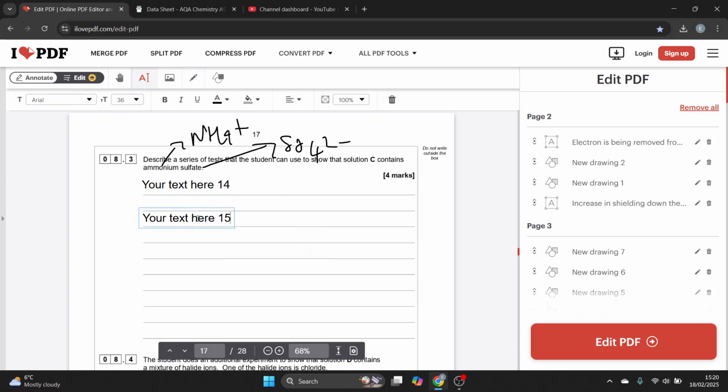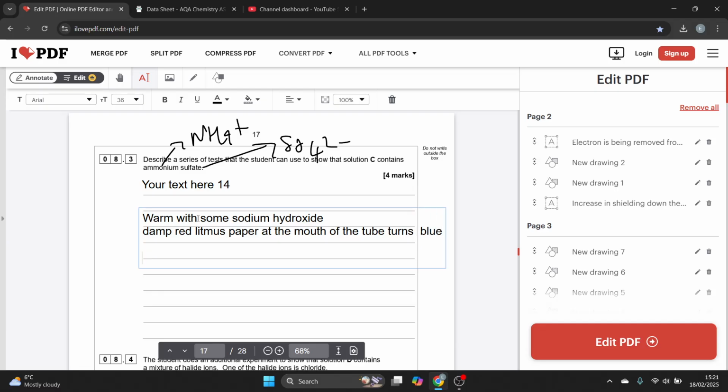So for the ammonium ions, warm with some sodium hydroxide, damp red litmus paper at the mouth of the tube turns blue, and then for the sulfate ions add barium chloride solution, white precipitate formed. And you know what, I should be a bit more specific: add acidified barium chloride solution.